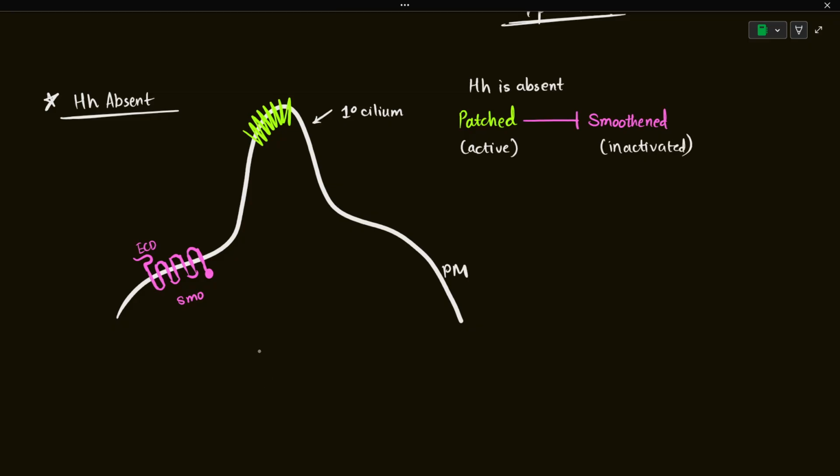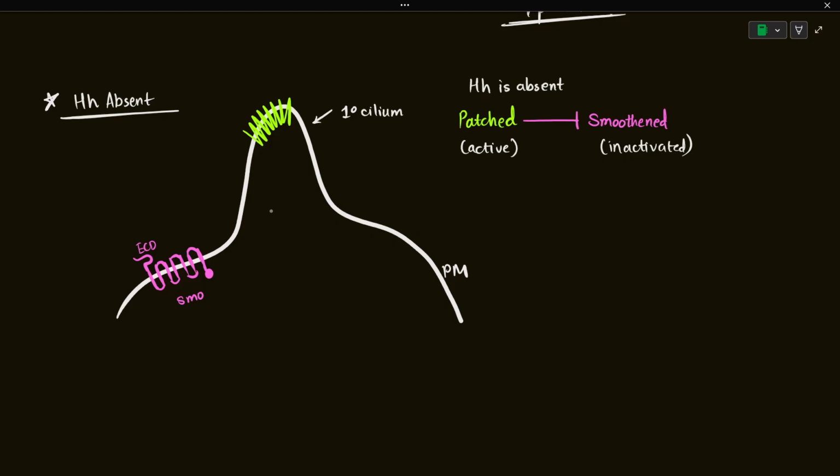Let's now see what happens inside the cell, in the cytoplasm, in the cytosol. In the cytosol exist the Gli transcription factors, the transcription regulators that regulate the transcription of Hedgehog responsive genes. When Hedgehog is absent, those transcription regulators will be shut down.